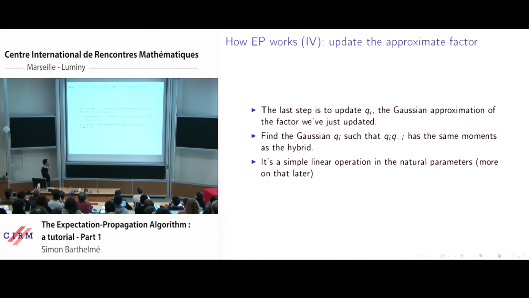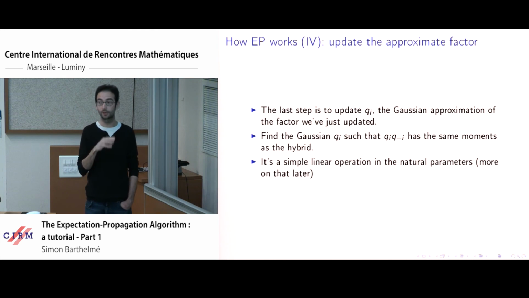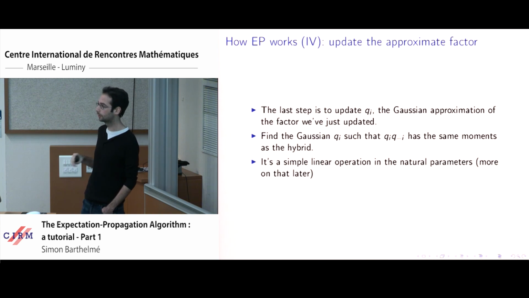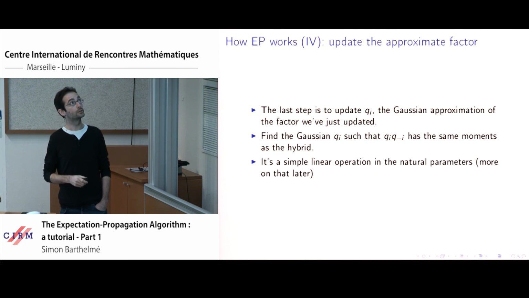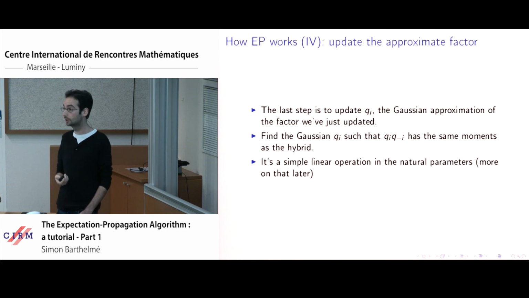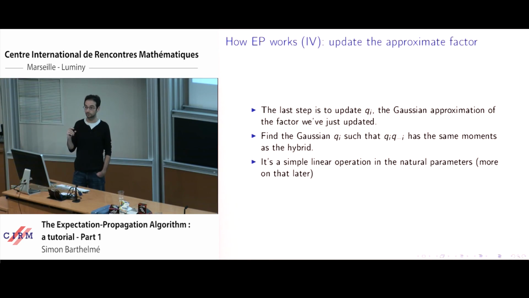Now, the last step is a tiny bit more complicated. I think I need better notation to introduce it, so I'll just briefly explain what it does, and then I'll get back to it later. So the last step is, remember, now we have new moments for the global approximation. So we need to update the approximation for the site. So we know that by taking a hybrid of the previous global approximation and one likelihood site, we change the mean and the variance in some way.